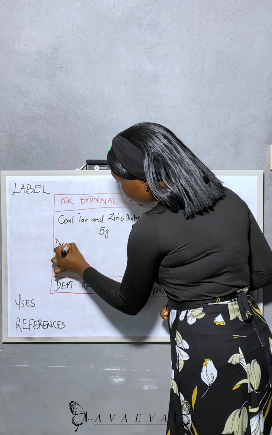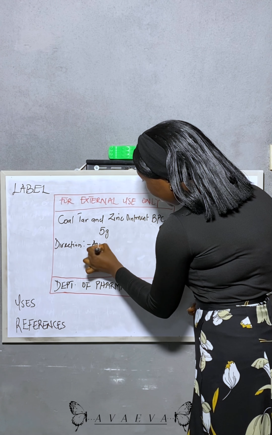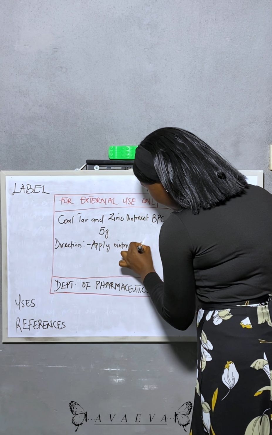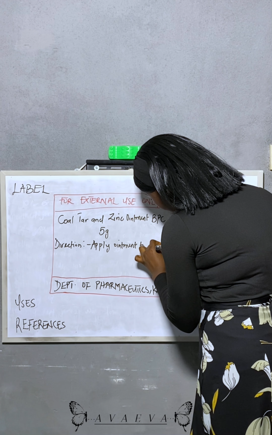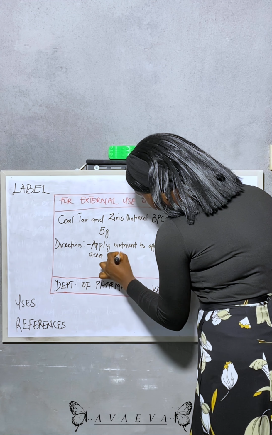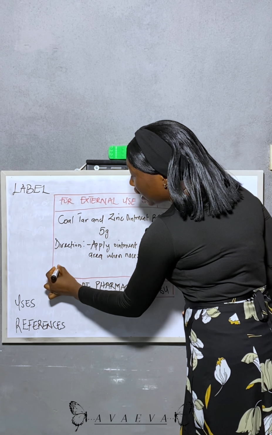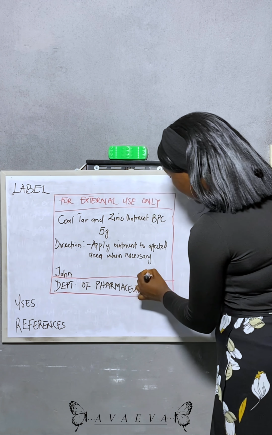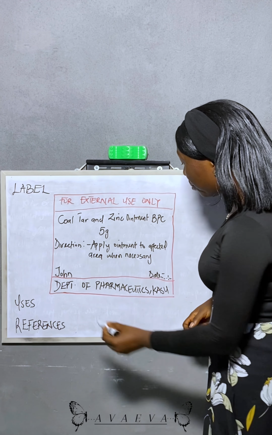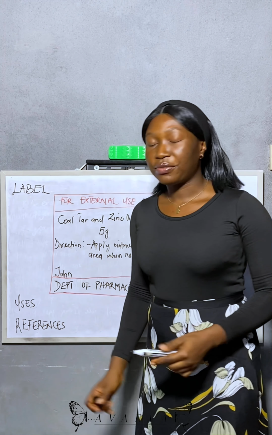For our direction interpreting, we have apply ointment to affected area when necessary. Lastly, we have the name of our patient, John, and the date. Then we have Department of Pharmaceutics, KASU. We have our uses and our references.